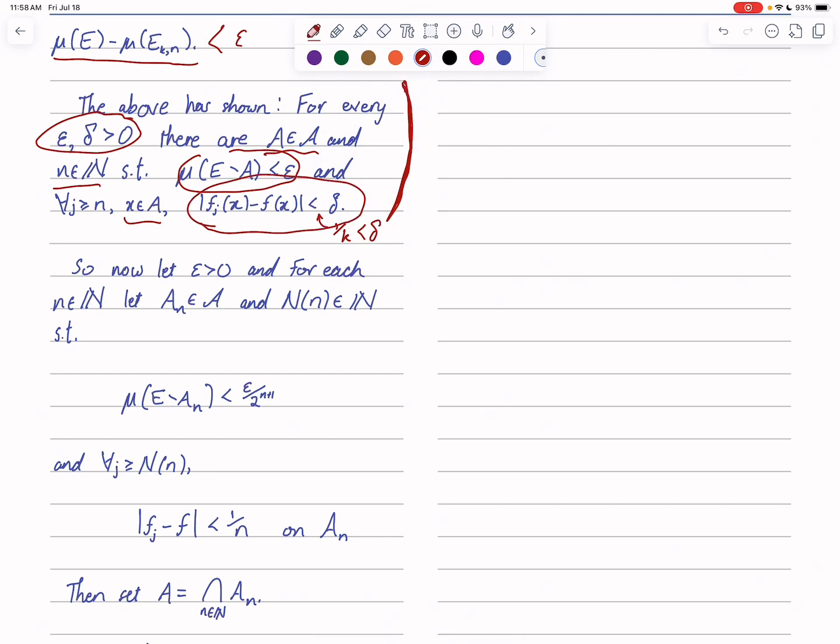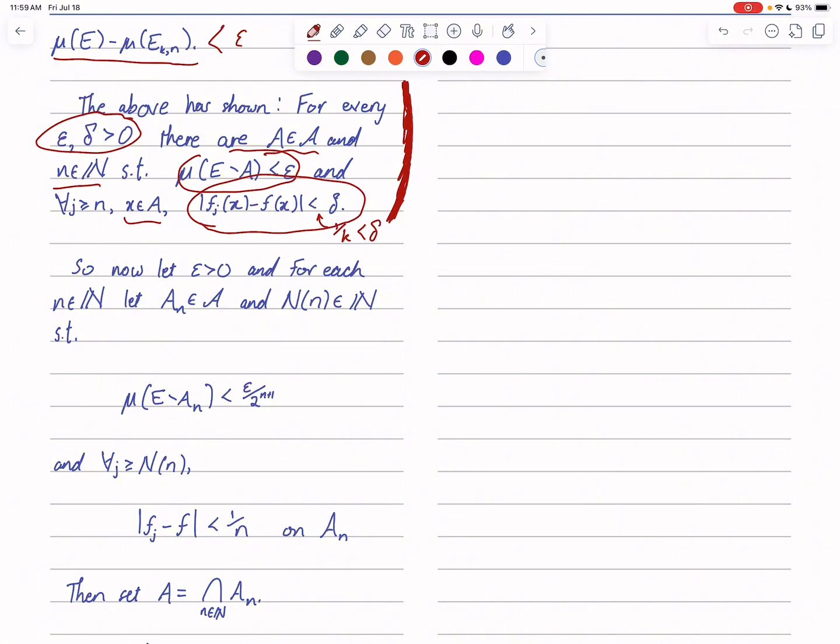If you have any doubt about how this follows from the earlier stuff, go back, watch it, and try to prove it formally for yourself. But this does summarize the important upshot of what we just showed. So we now have this as a principle that we can use in the ultimate proof of this theorem.